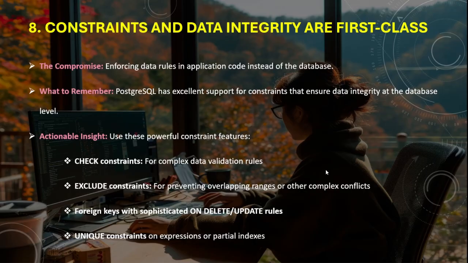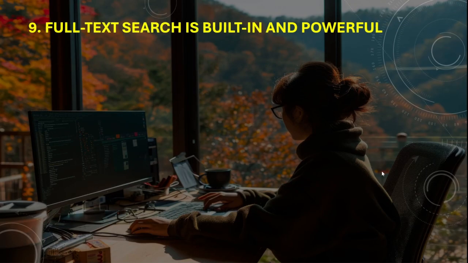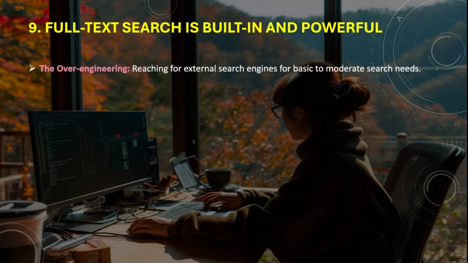Next thing to keep in mind is that full text search is built into PostgreSQL. Before you rush to set up Elasticsearch for a simple search bar in your application, check that PostgreSQL's built-in full text search is already available, and it is surprisingly powerful.